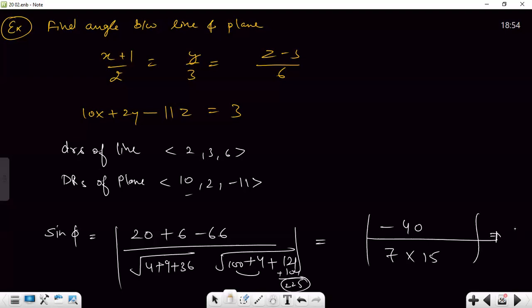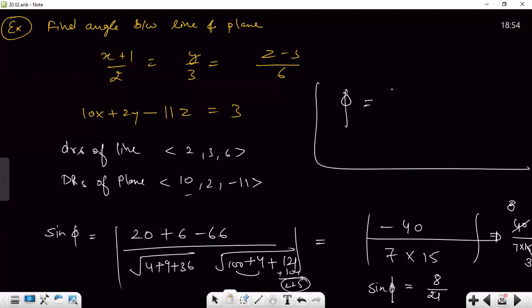The modulus will make it positive, 40 upon 7 into 15. 40 by 5 is 8, and 15 by 5 is 3. So this comes out as 8 by 21, which is sine phi. So the angle between the line and the plane is sine inverse of 8 by 21, which is our answer.